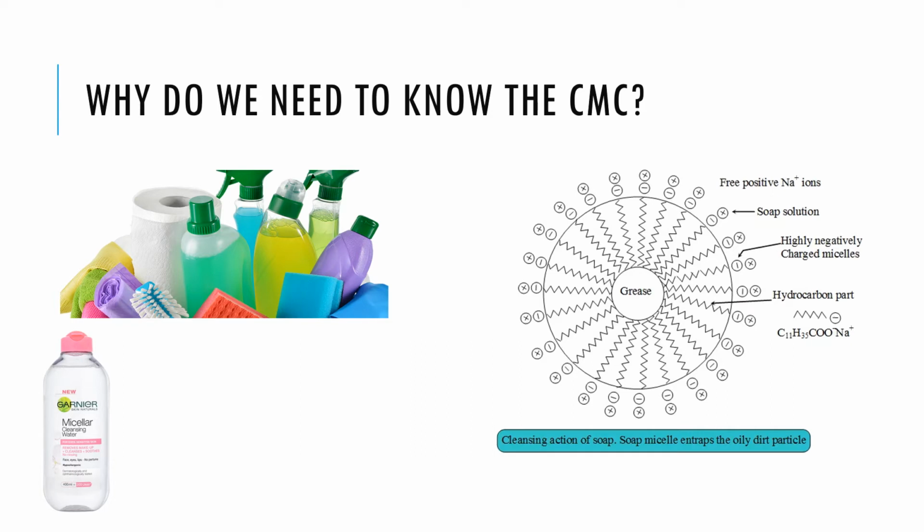It's important in soap formulations that we have surfactant molecules above the critical micelle concentration, so we have micelles in solution. And that's because of the actual cleansing action of soap. Let's take washing up after dinner as a prime example here. On your plate, let's say you've had beans on toast for dinner.